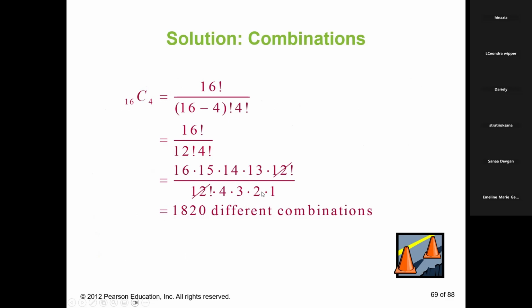When you multiply these numbers, you're going to get 1,820 different combinations. Is this clear? Yeah, this is good. Okay.